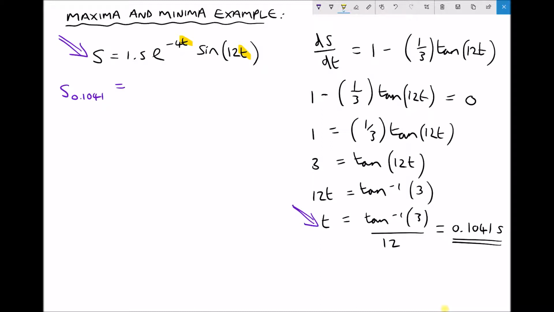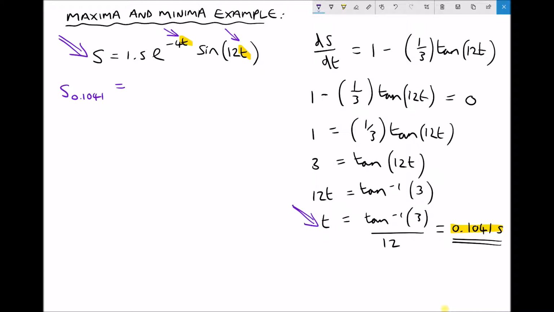Now, to improve accuracy, I'm actually going to keep my full calculator answer, which is 0.104087 and so on. And I'm going to input the formula replacing t with the answer, or ANS on my calculator.